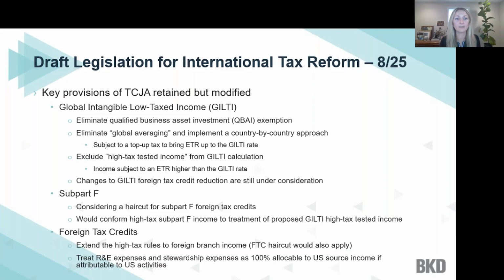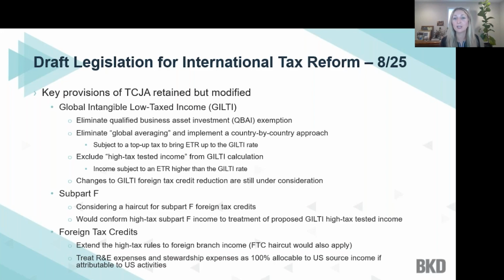And then finally, foreign tax credits, they would extend these high tax rules to foreign branch income with a foreign tax credit haircut to potentially apply. And we didn't discuss this in any detail, but research and experimental expenses and stewardship expenses would be treated as 100% allocable to US source income if attributable to US activities.